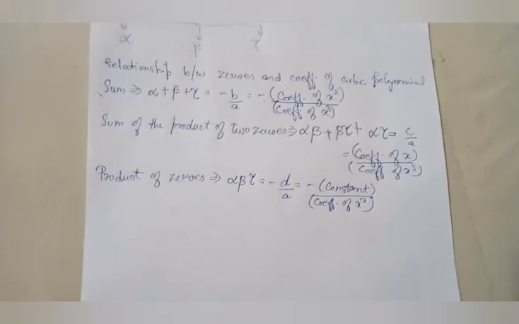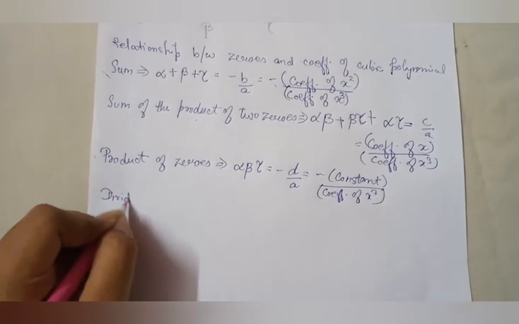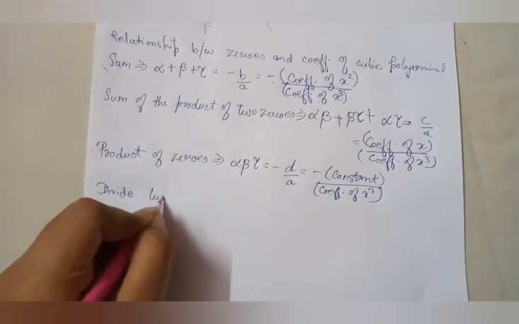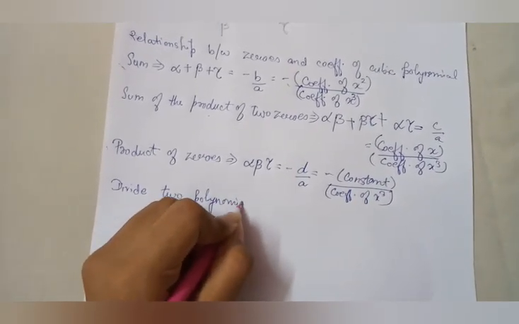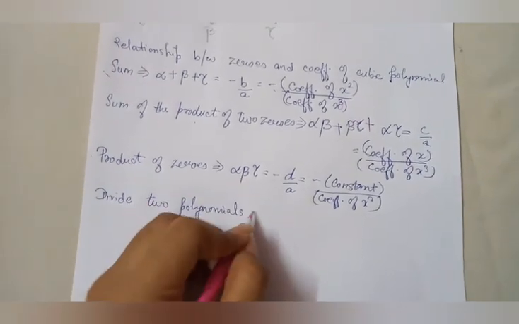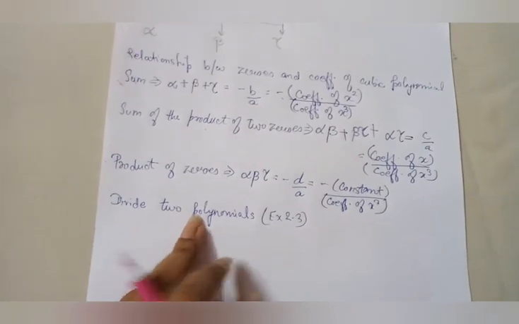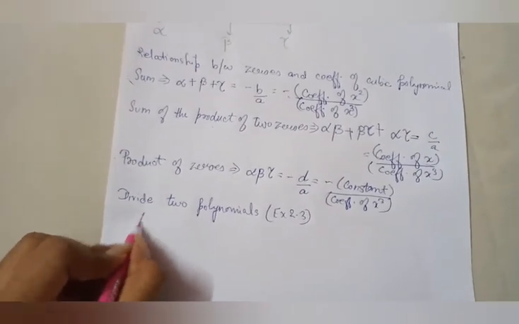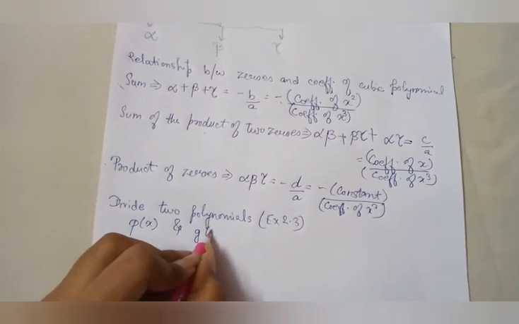Now we will learn to divide two polynomials, which is the concept of exercise 2.3. Let's name one polynomial px and another gx.